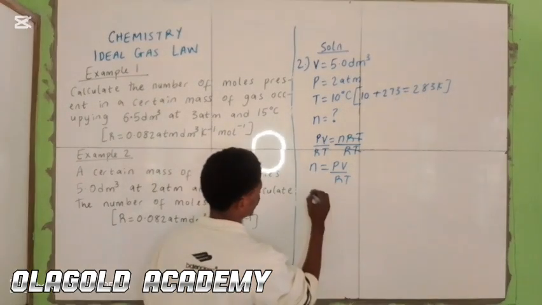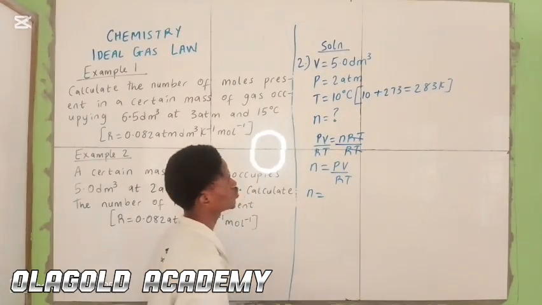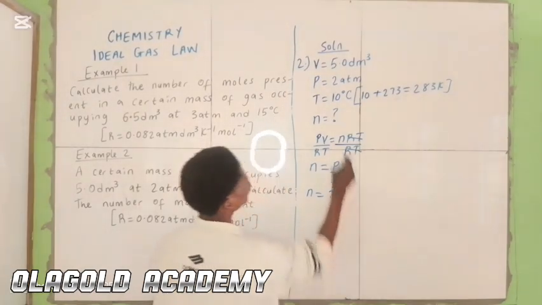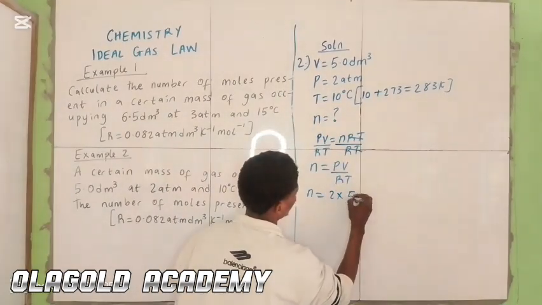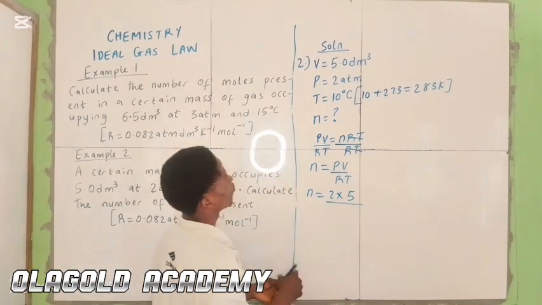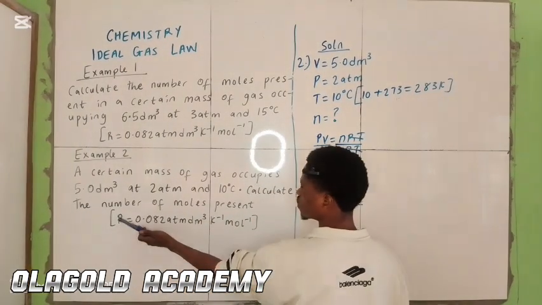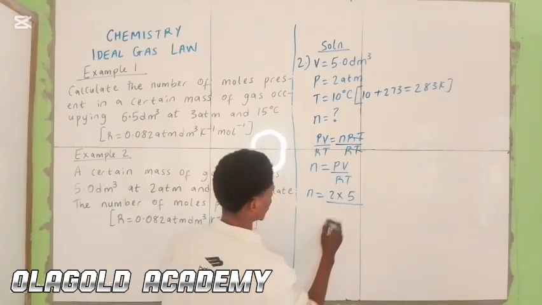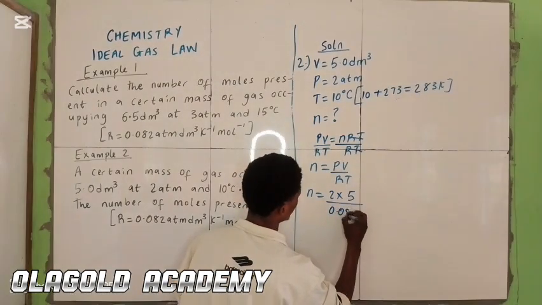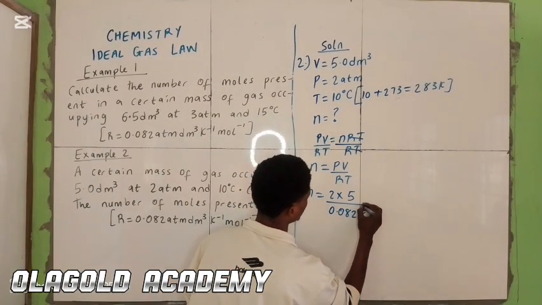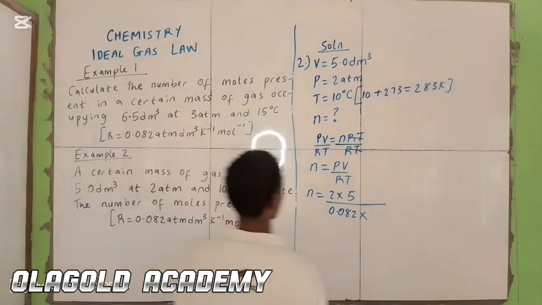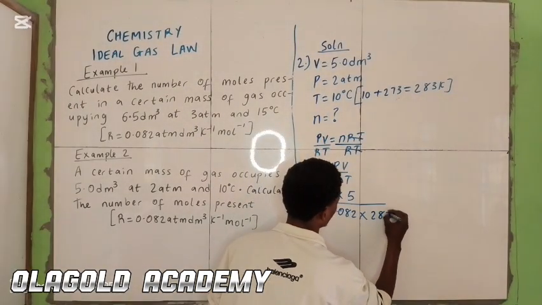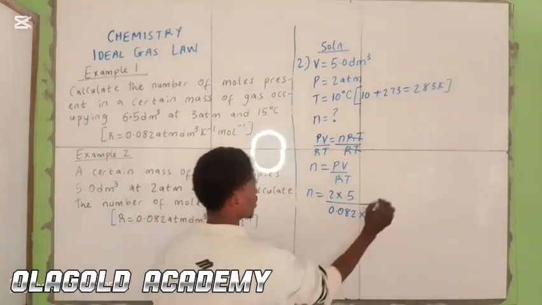So we have the number of moles equal to, our pressure is 2, volume is 5, over the molar gas constant given as 0.082 multiplied by the temperature, 283.